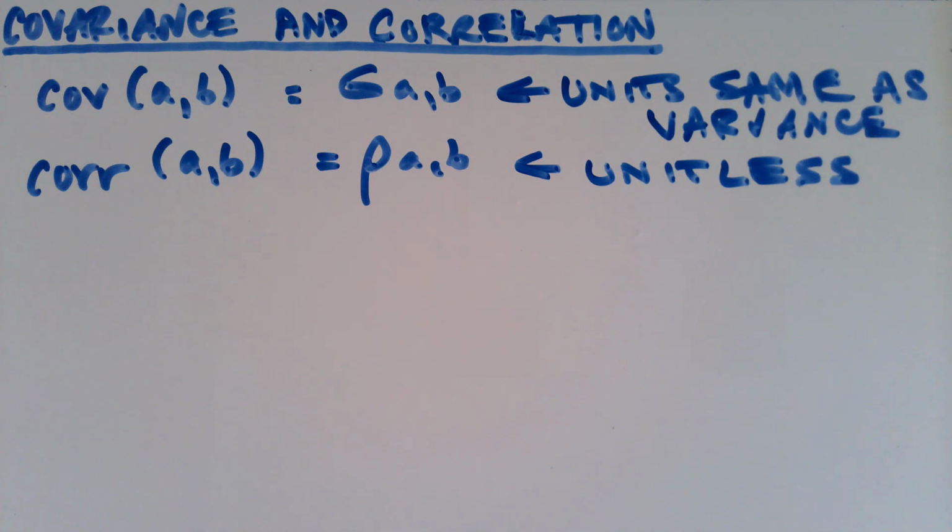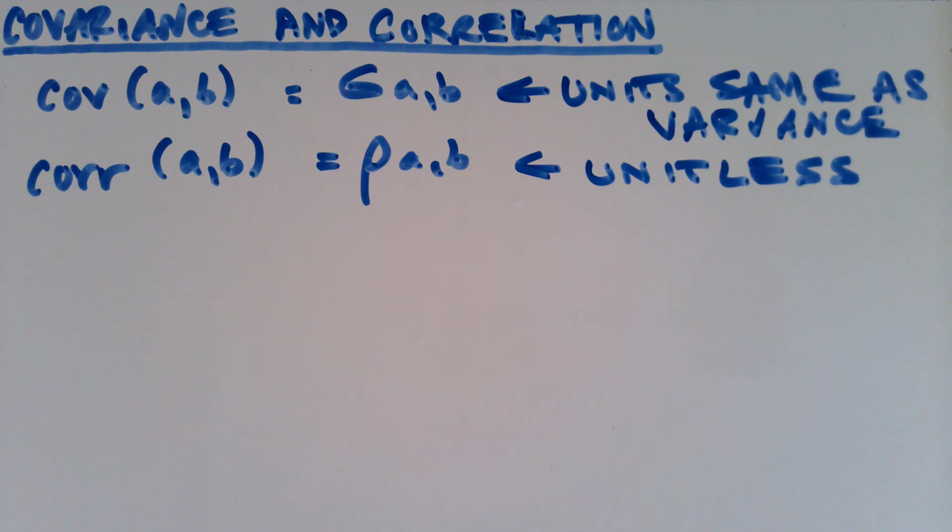And so we're going to go with correlation. And you say, wait a minute, it's unitless, how can it be meaningful? And the answer is that correlation is bounded by -1 and 1. And so you can see on a scale of -1 to 1 how closely related the movement of these two items are to each other.